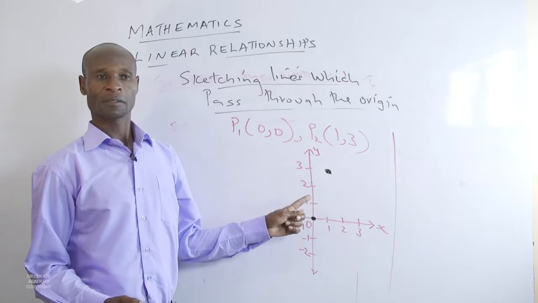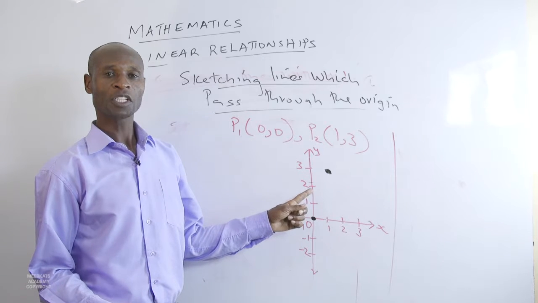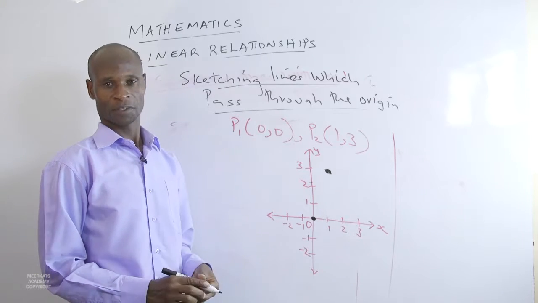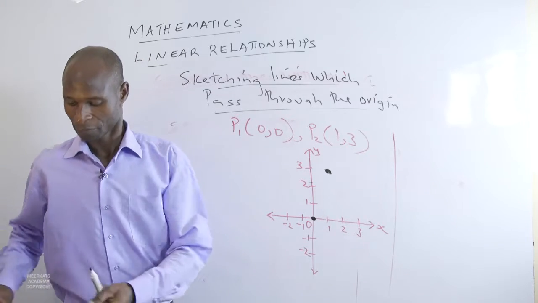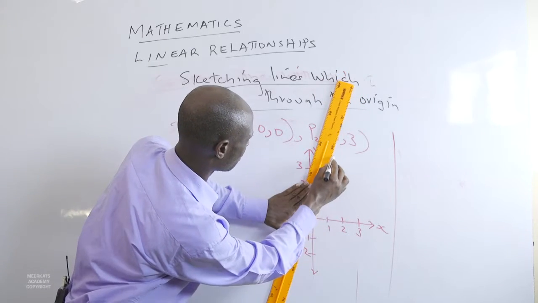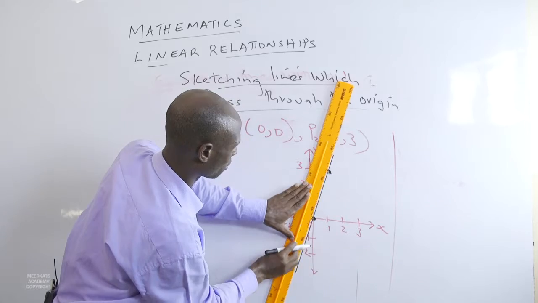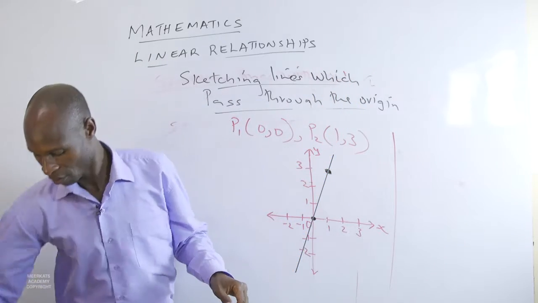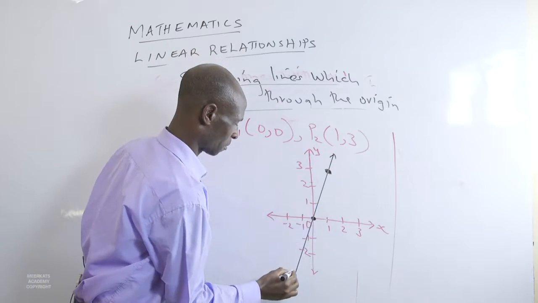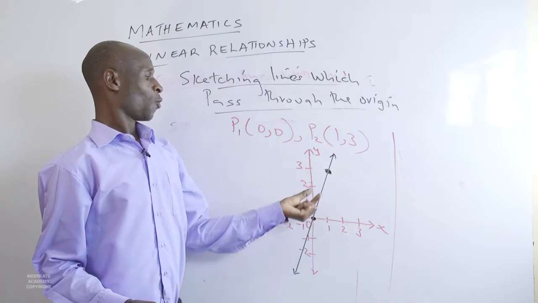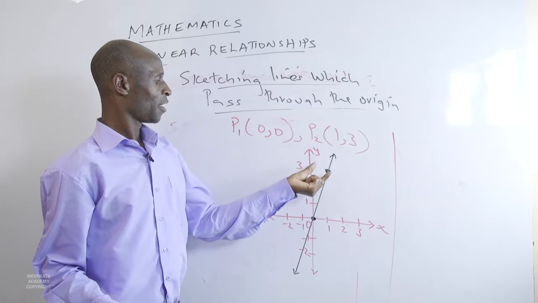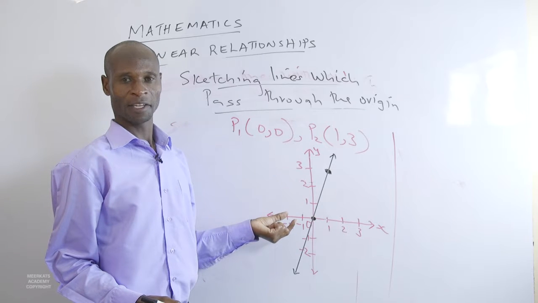Once you have marked the 2 points using a dot or a cross, you now take a ruler and join the 2 points. Once you have drawn your graph, you represent the equation that you are given.